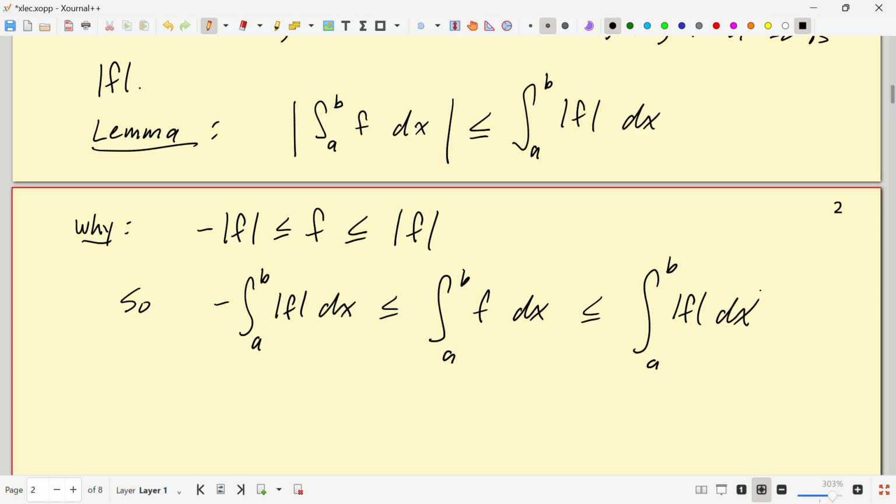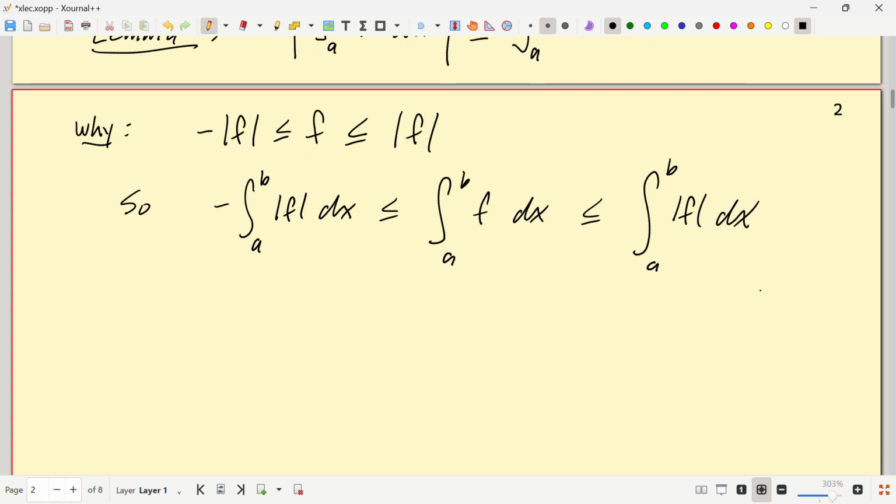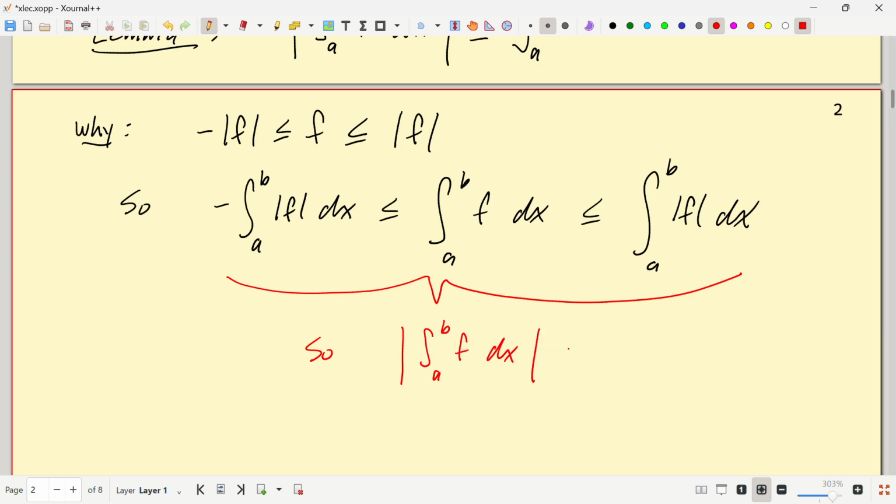Now we've got that thing squeezed between a plus and minus bound. This implies that the absolute value of the integral from a to b of f is less than or equal to the thing on the right, which is greater than or equal to 0. So that's all there is to that. It's the basic inequality.